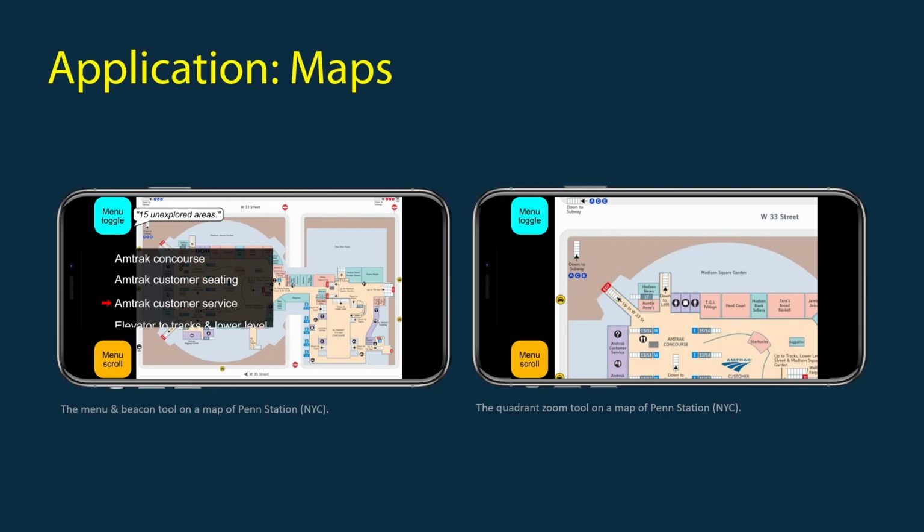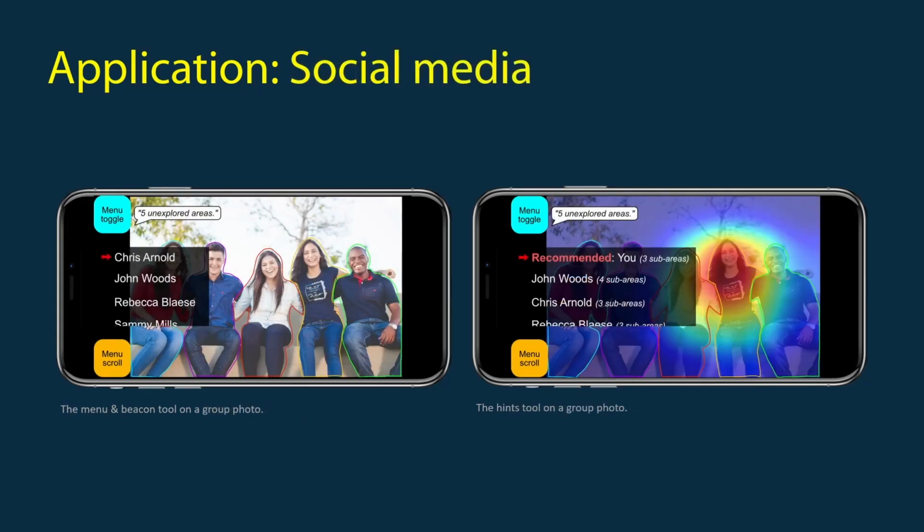One could imagine using a more map-optimized version of ImageAssist that communicates distances and sizes to investigate this map of Penn Station. And a final application involves using ImageAssist to more closely survey images found on social media, including those that might have personal value to users, like, say, the group photo here.